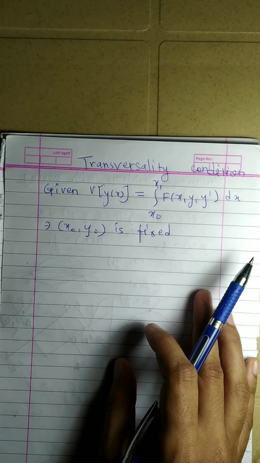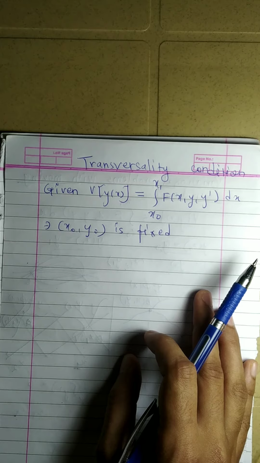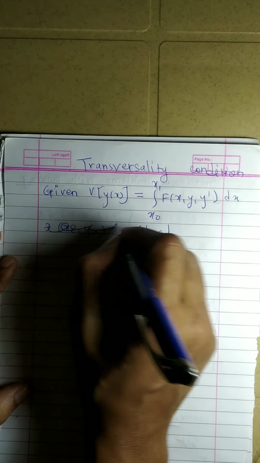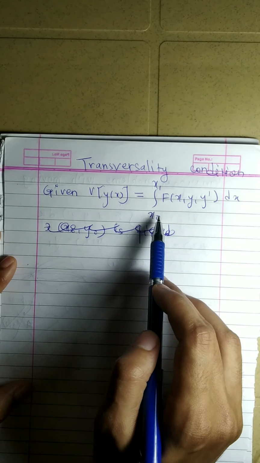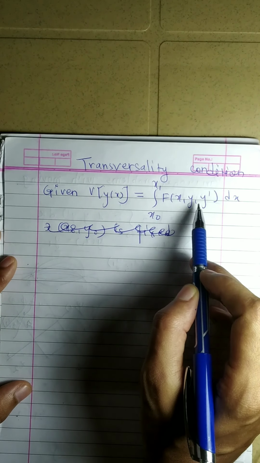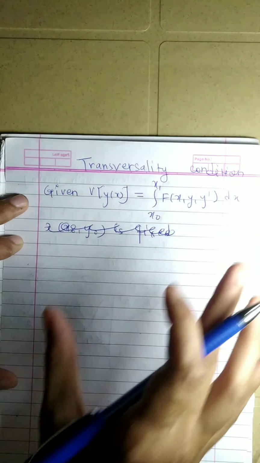Today what we will do is we will just note down the steps for solving the problem with moving boundaries. So let us suppose V[y(x)] equal to the integral from x0 to x1 of F(x, y, y') dx is the given functional.